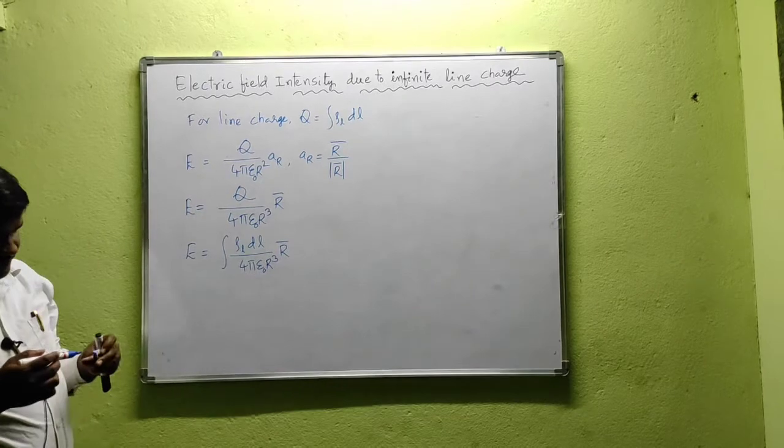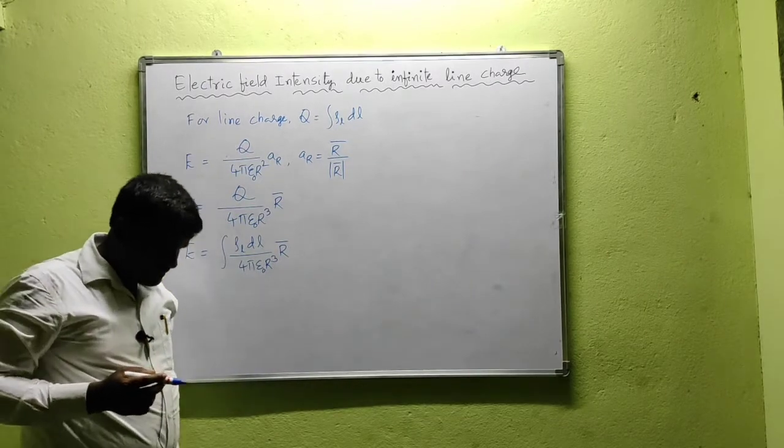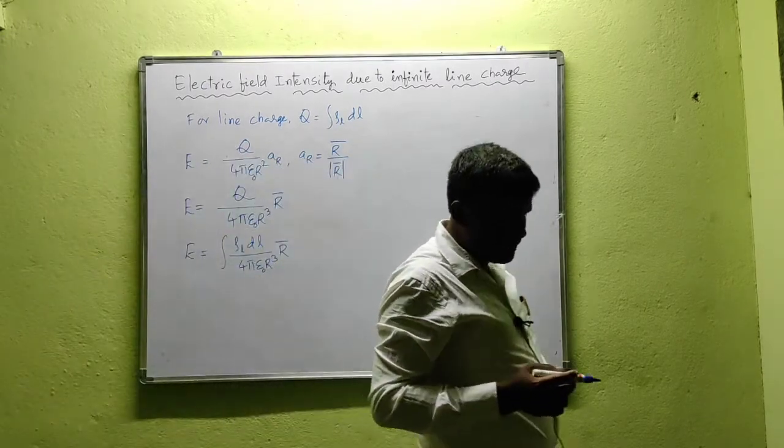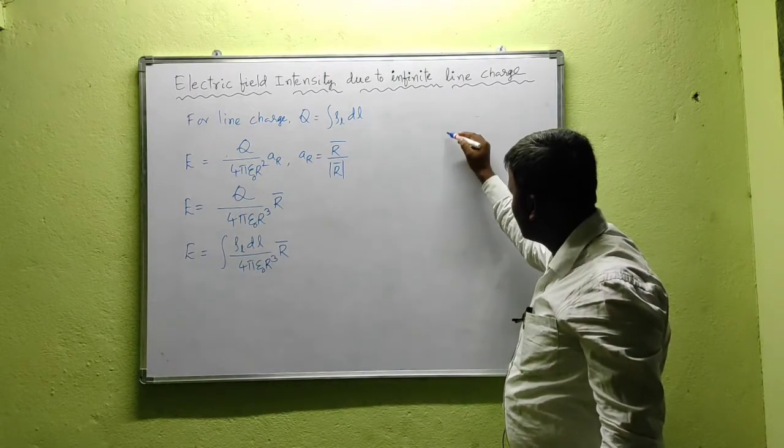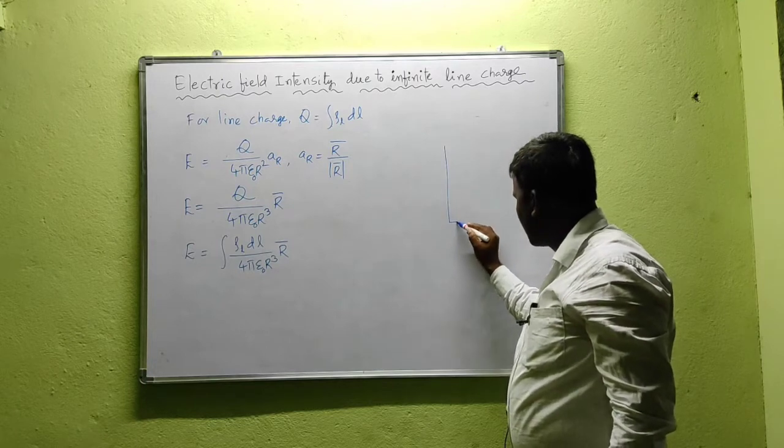Now let us consider a line charge extended from A to B, like this. So consider Cartesian coordinate system like this.